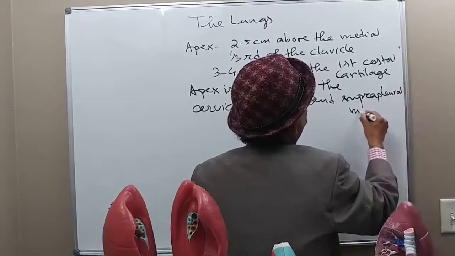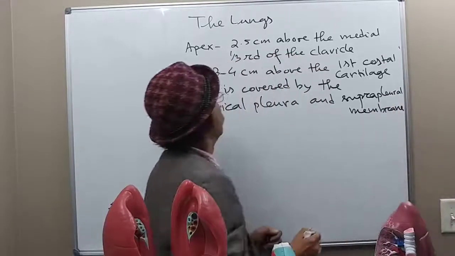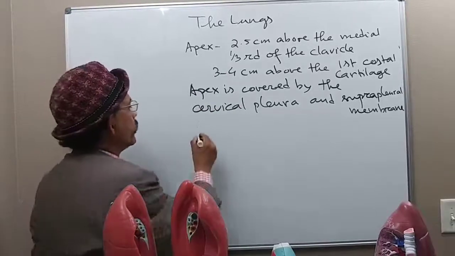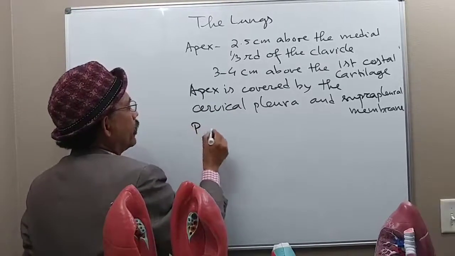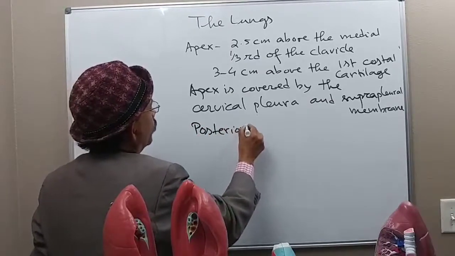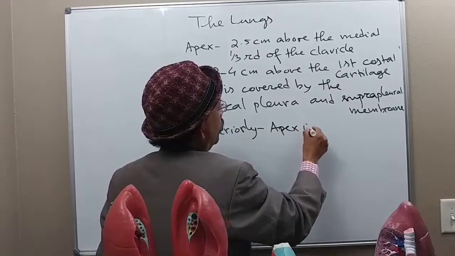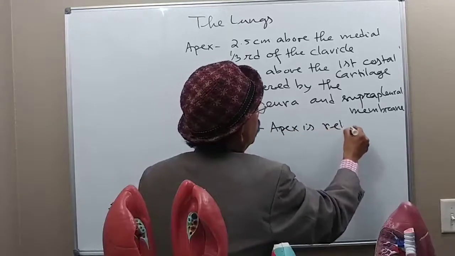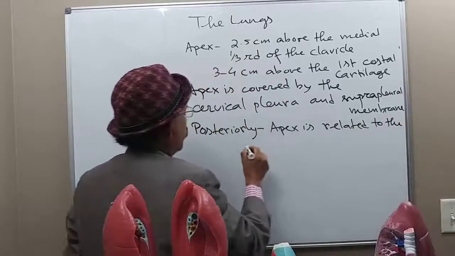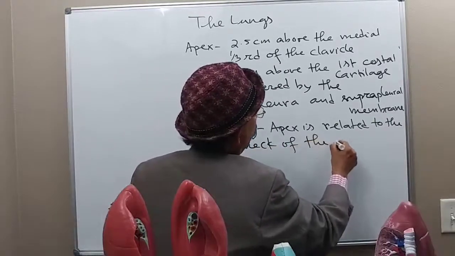Posteriorly, the apex is at the level of the neck of the first rib, related to the neck of the first rib.